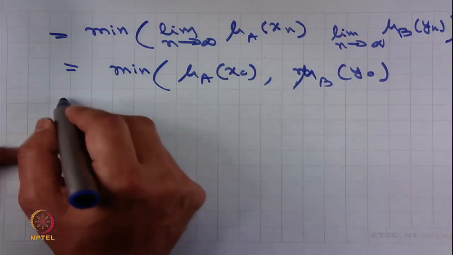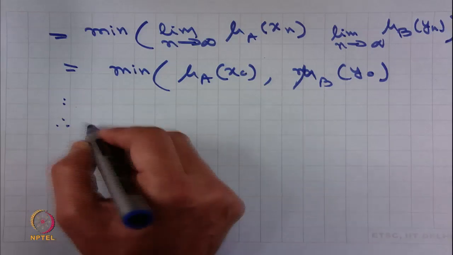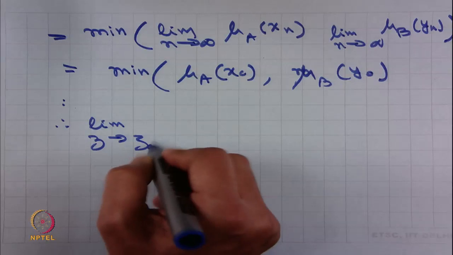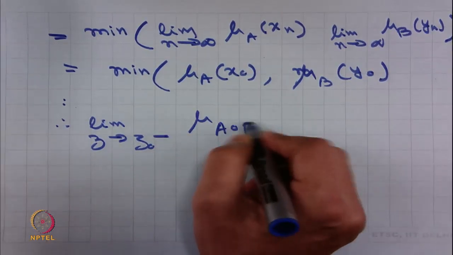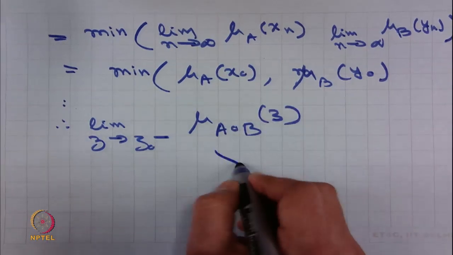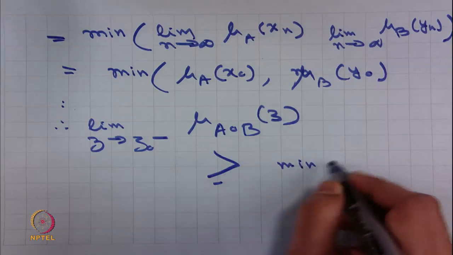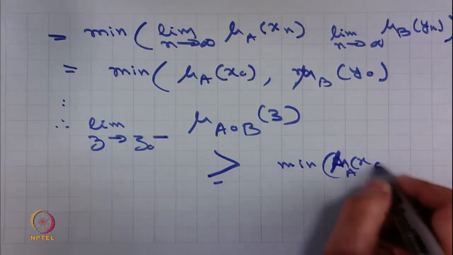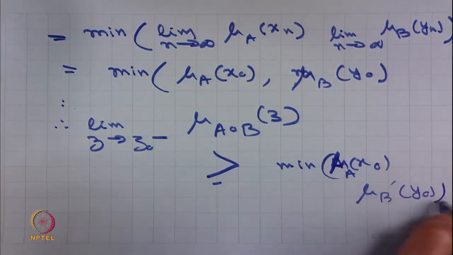Therefore, we find that limit z going to z naught minus of mu A of B of z is greater than or equal to minimum of mu A of x naught comma mu B of y naught.